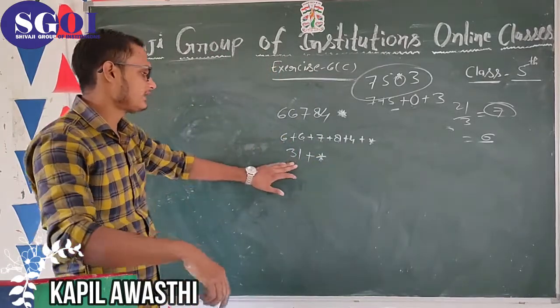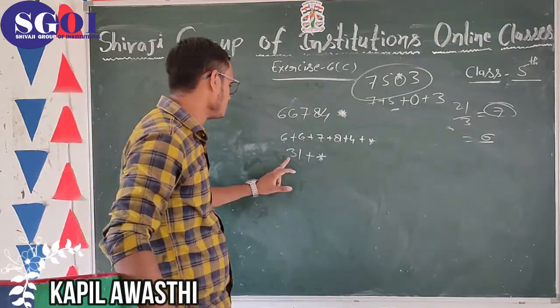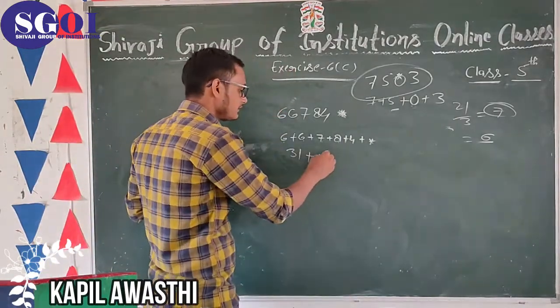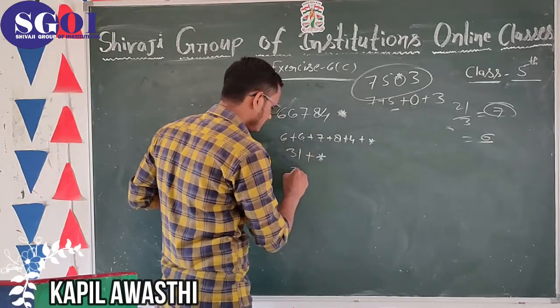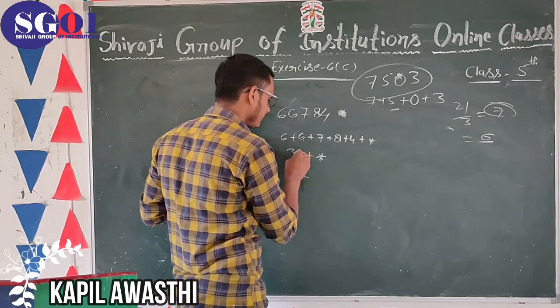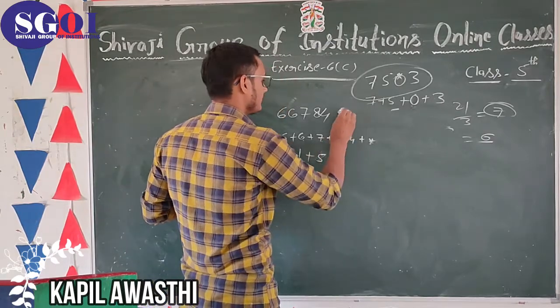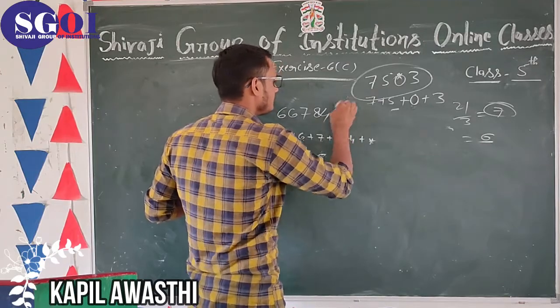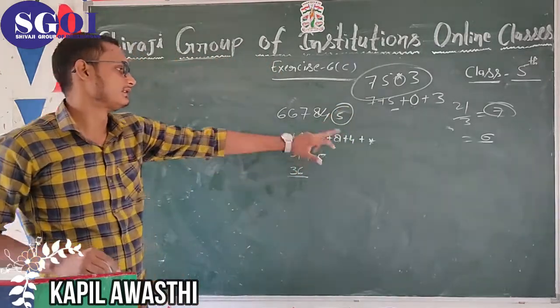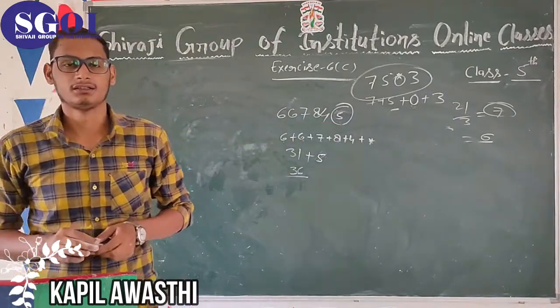Is 31 divisible by 9? No. The nearest number which is divisible by 9 is 36. To get from 31 to 36 we add 5. So the number is 5 in place of star. If we add 5, the number is divisible by 9.